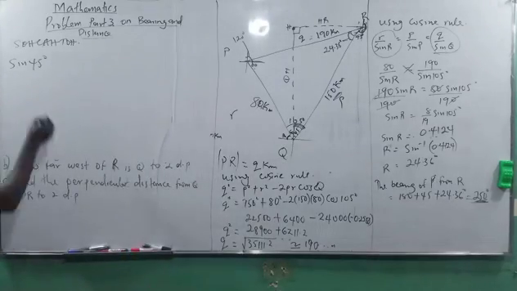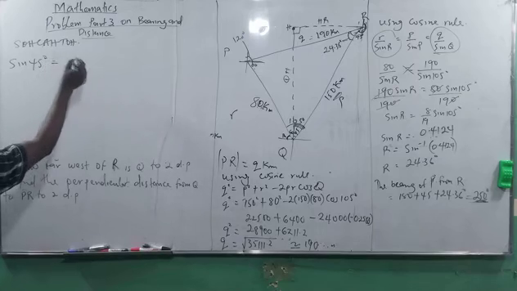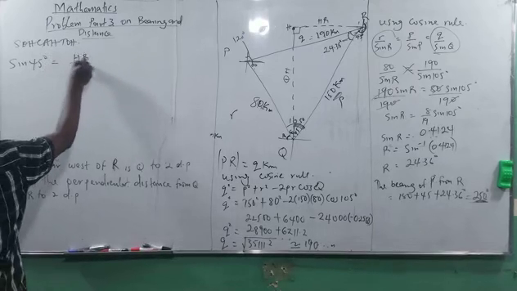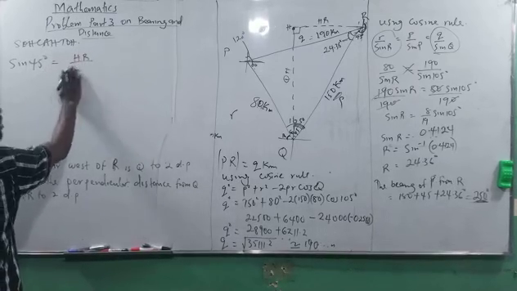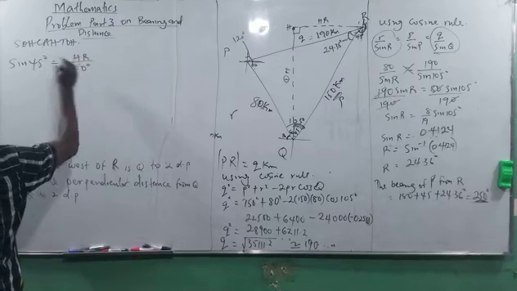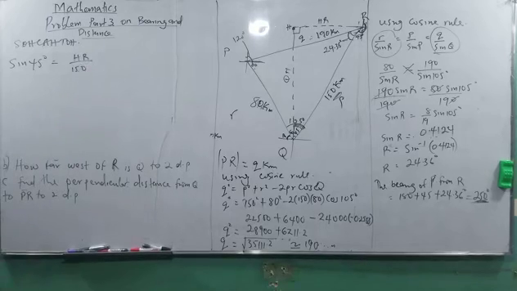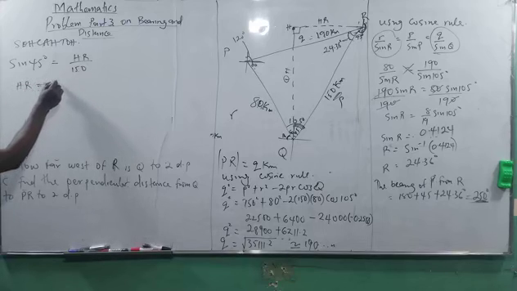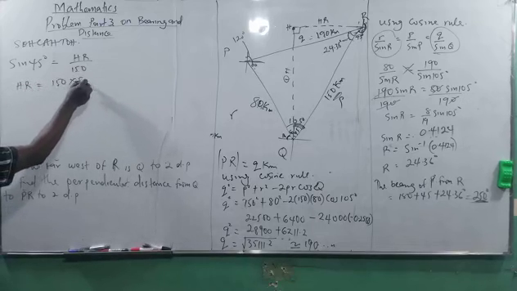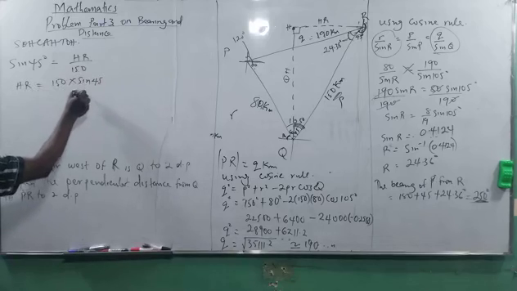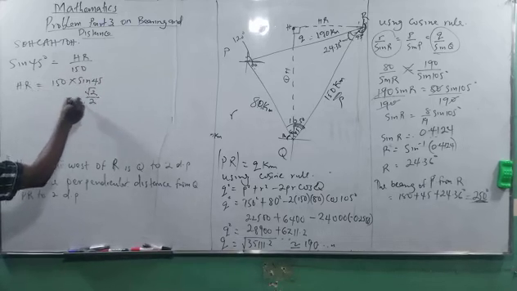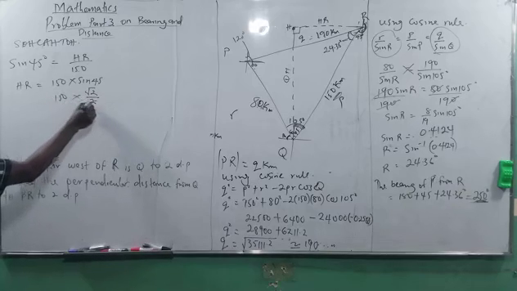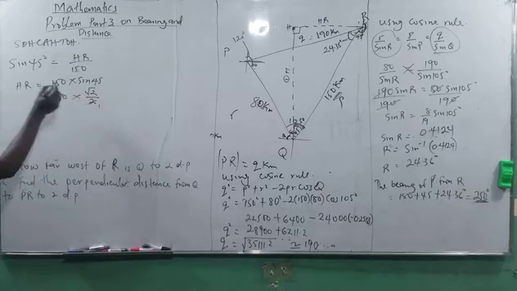And sine 45 equals, let me call it HR, all over 150 kilometer. Which I'll be having my HR equal to 150 multiplied by sine 45. You know, sine 45 is root 2 all over 2 multiplied by 150. Here 1, here 75.